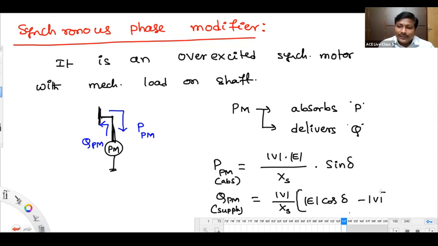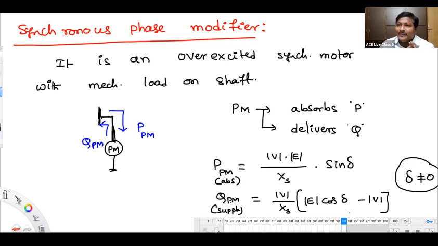I think all of you are comfortable with this? Synchronous motor only. Just today we have discussed it. Mod E cos delta minus mod V, where this delta is not equal to 0 because of the existence of load on the system. Next.